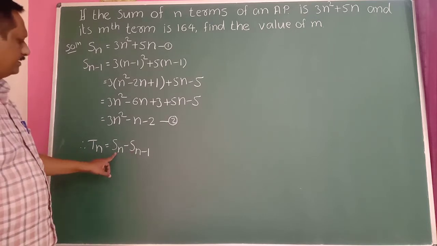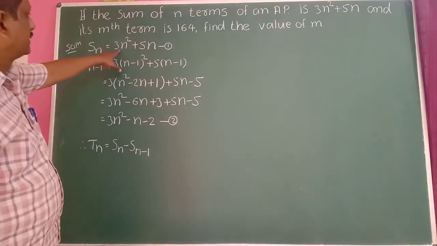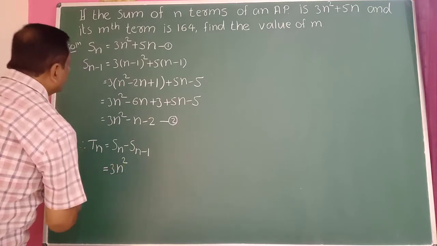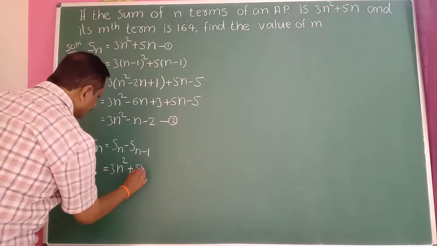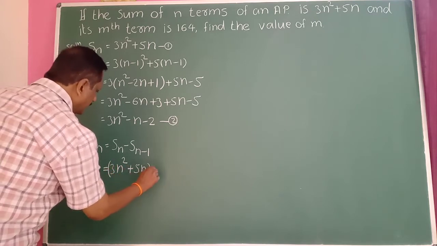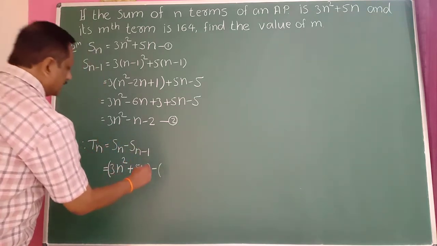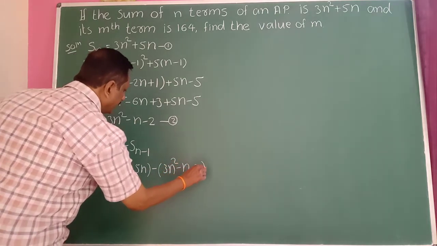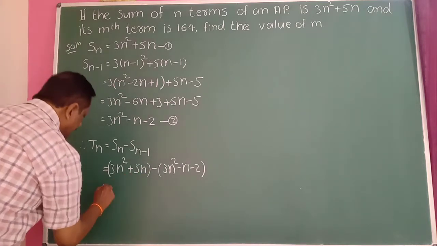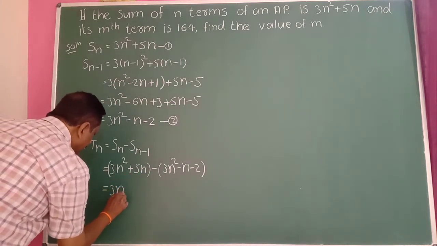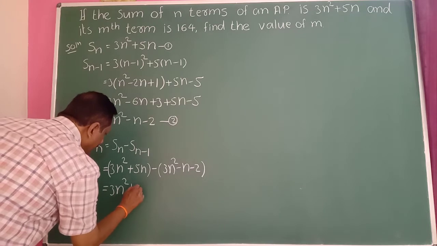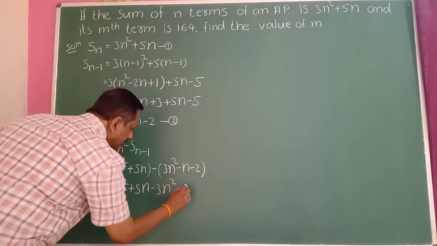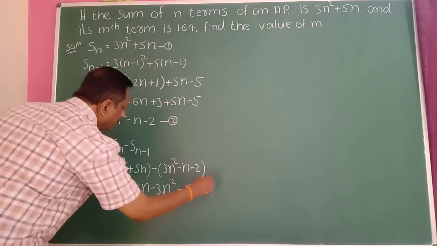Sn is 3n square plus 5n, then minus S of n minus 1, which is 3n square minus n minus 2. Take a minus inside the bracket: 3n square plus 5n minus 3n square plus n plus 2.